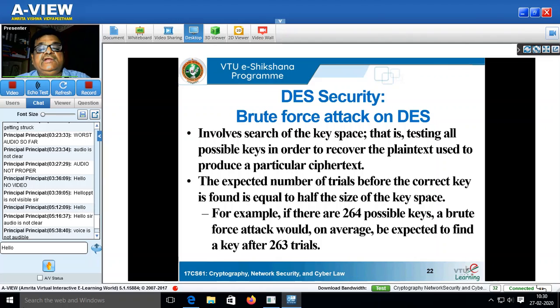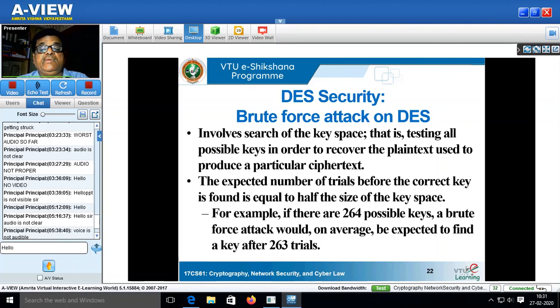It involves a search of the key space. What is the possible key? Like that we have to search. Testing all possible keys in order to recover the plain text used to produce a ciphertext becomes very crucial.